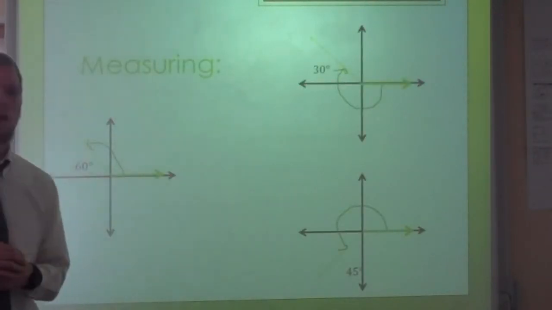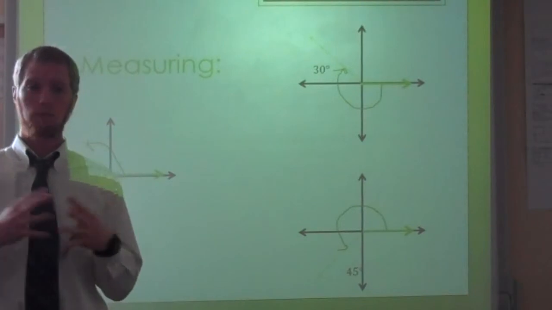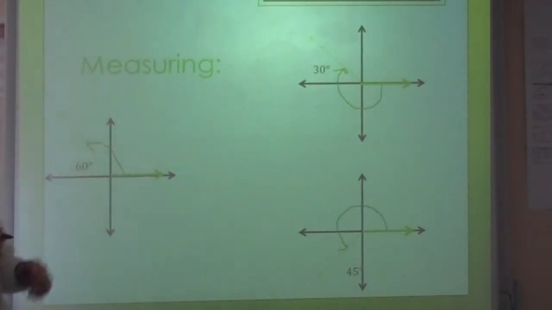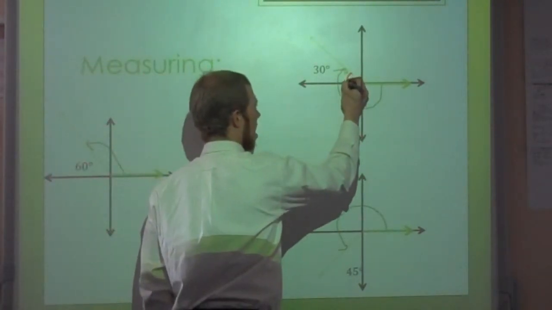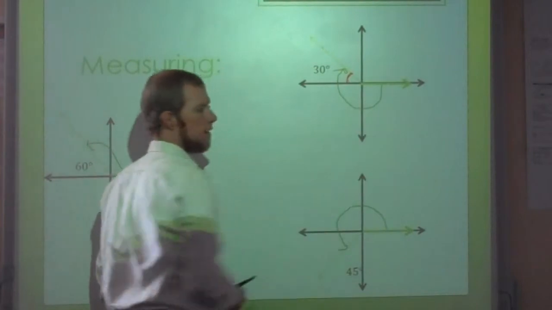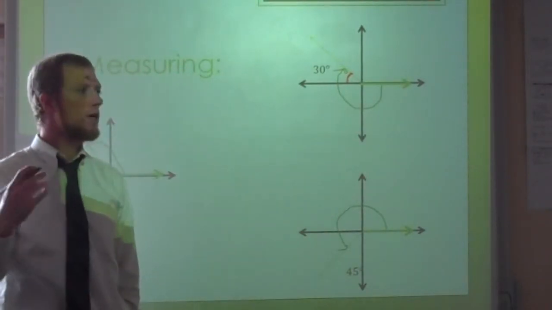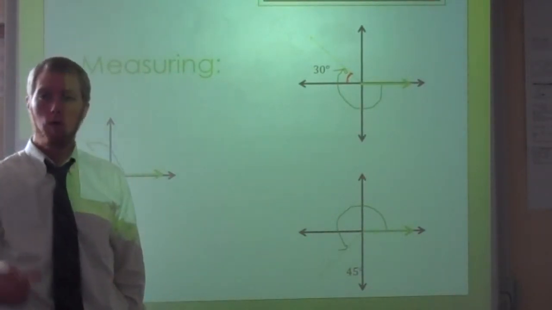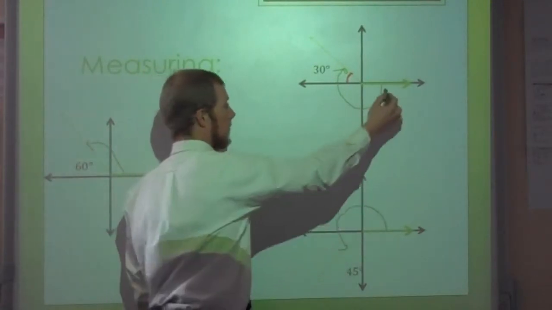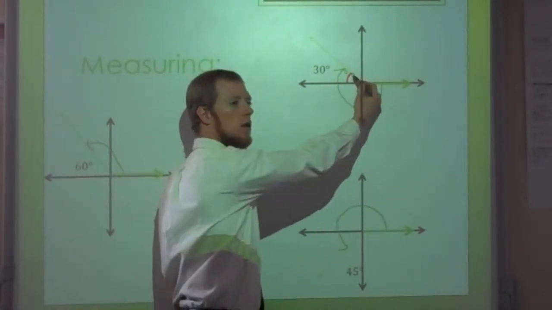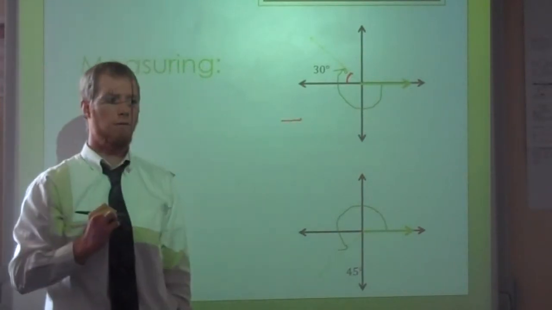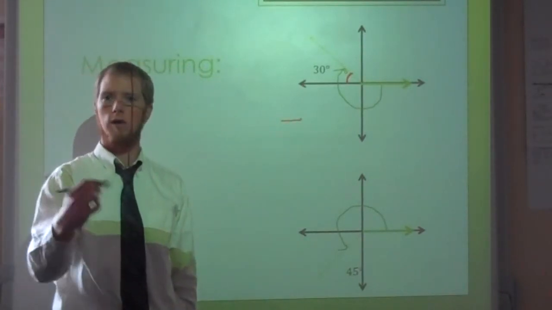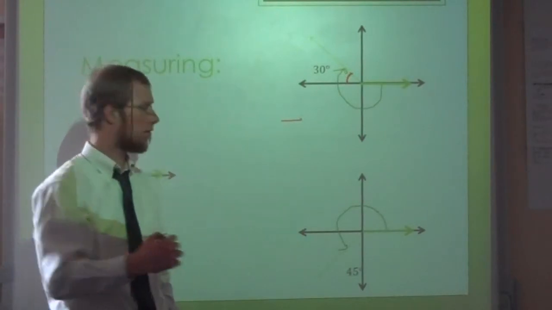So let's look at a few examples. If I'm asking you to measure an angle, and I tell you that this right here is 30 degrees, what is the measure of my angle? Well, first of all, I'm going to look at my direction. My direction here is clockwise, so I know it must be negative. Clockwise is negative, counterclockwise is positive.